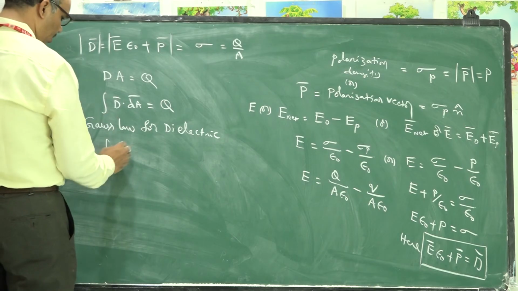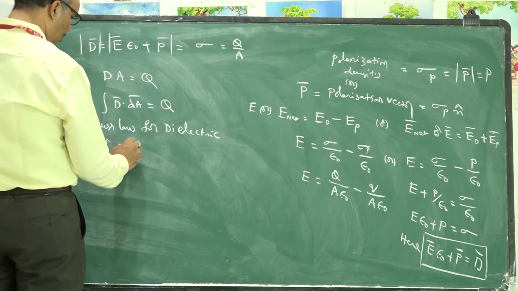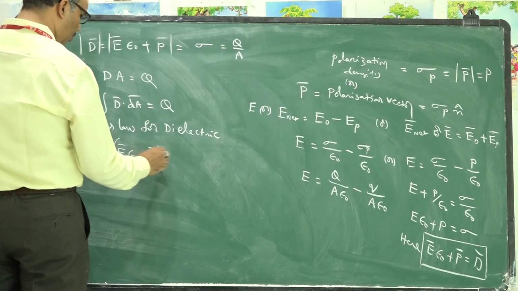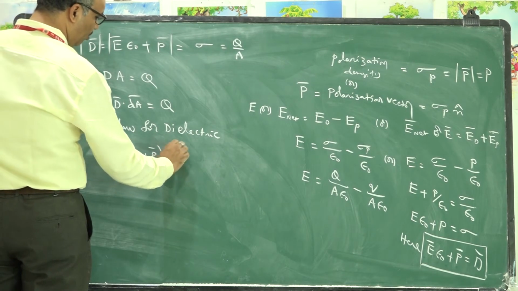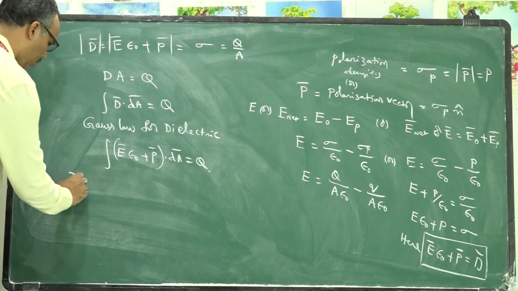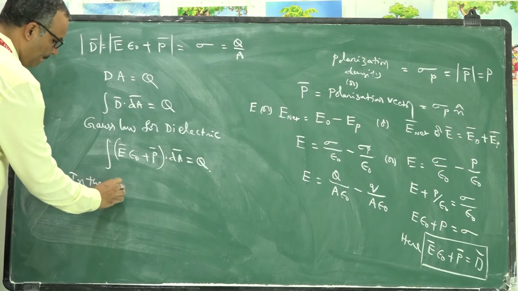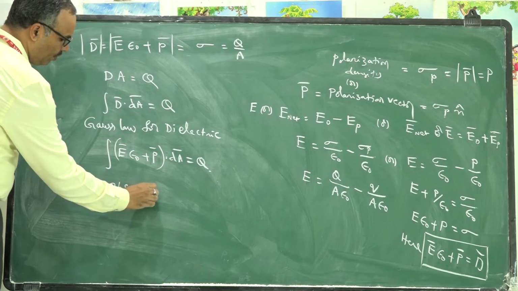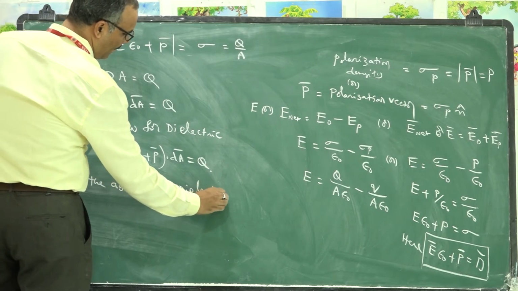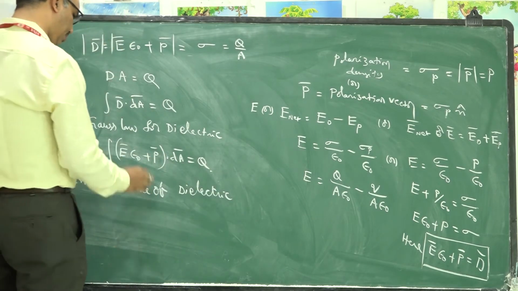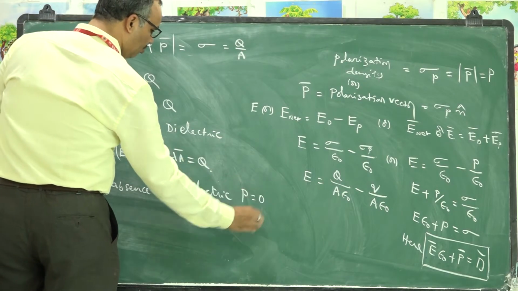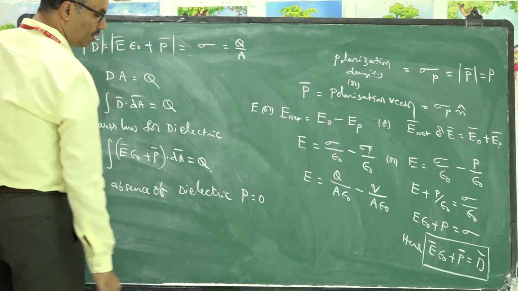Otherwise, integral D bar can be written as integral of (epsilon naught E bar plus P bar) dot dA bar is equal to Q. In the absence of dielectric, P is equal to 0, or P bar is equal to 0 bar.